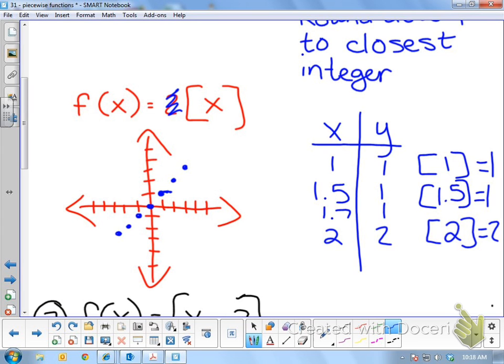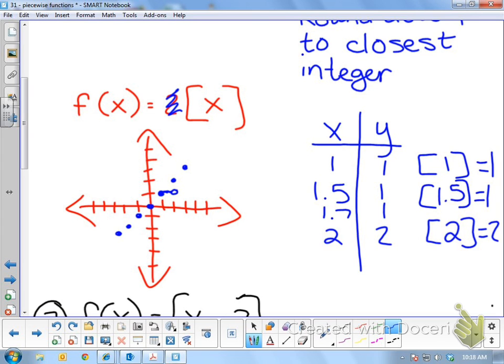Then at 2, it jumps up to 2. So here, just so we know where it ends, we have to put a circle to say it ended at 2, because we know the point at 2 actually jumps up to 2. So what's going to happen if we do 2.3?